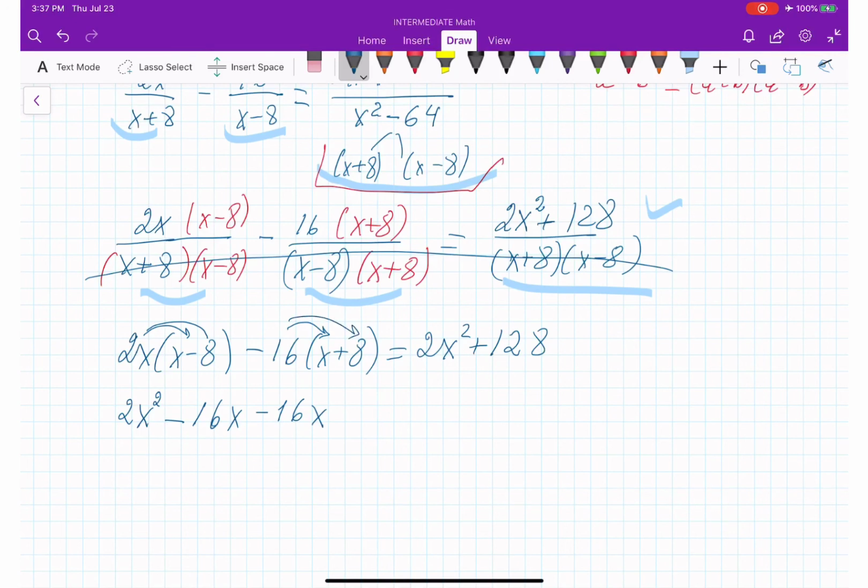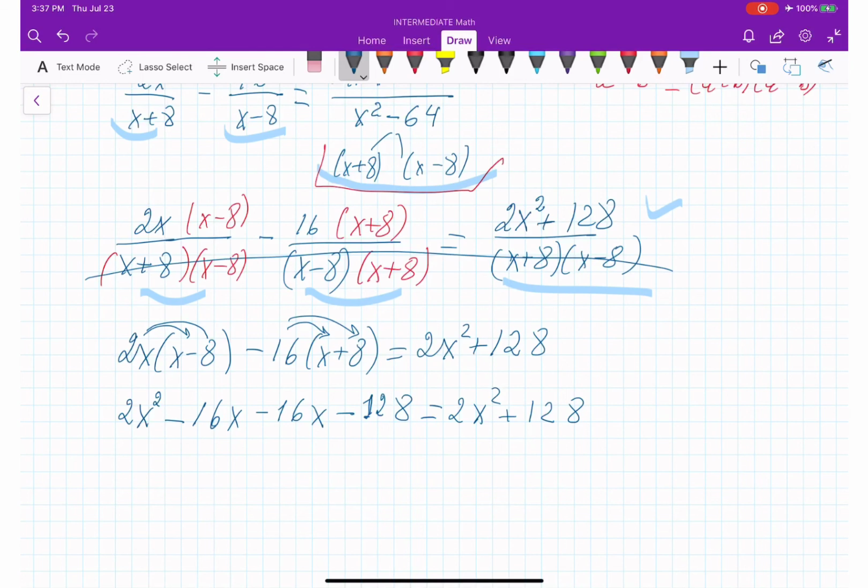Negative 16 times 8, it's going to be minus 16 times 8. 6 times 8 is 48, 1 and 4, 8 times 1 is 8, and 4, so 128. Okay, equal 2x squared plus 128.